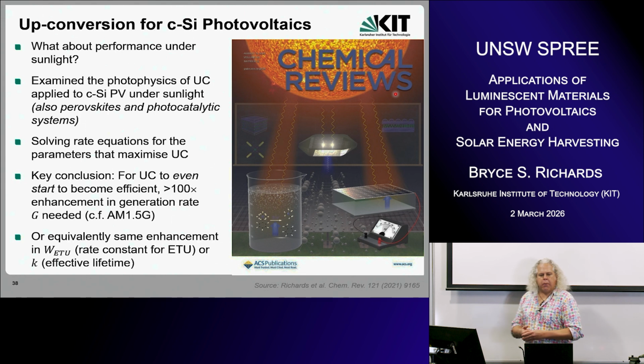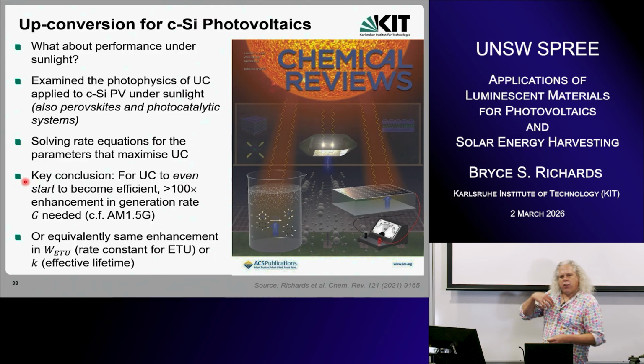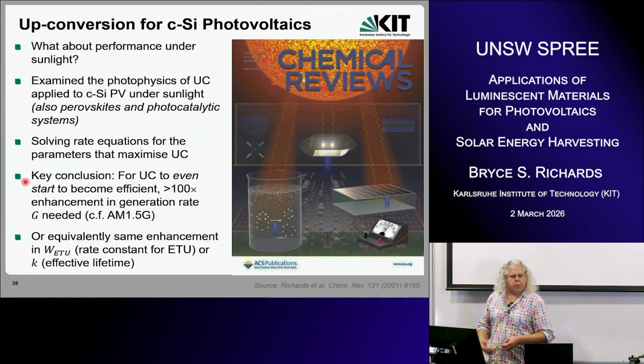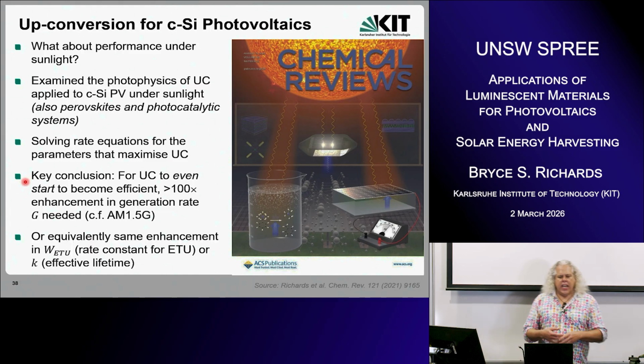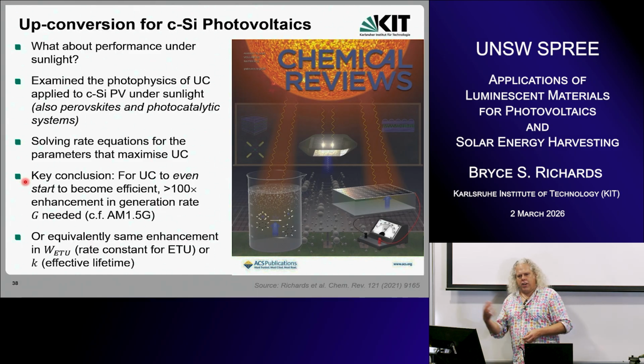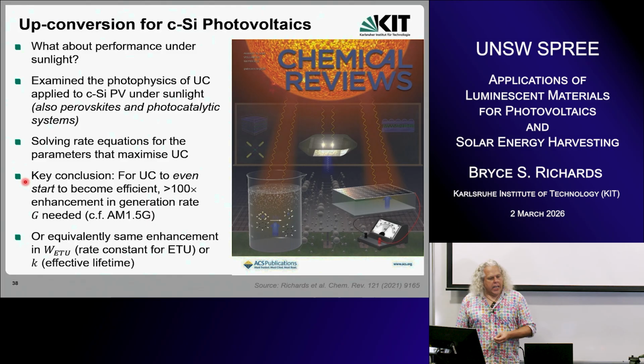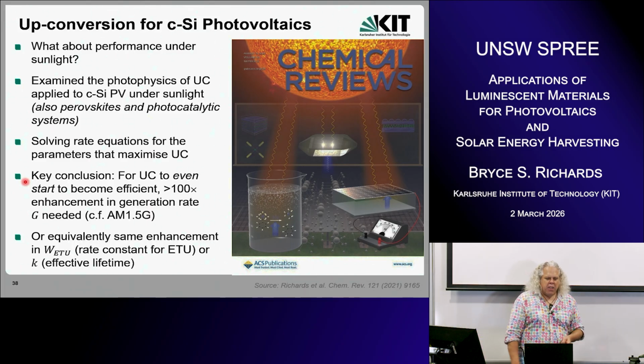And the whole paper was basically about solving rate equations, where we try to maximize upconversion. And it turns out there's a key conclusion. For upconversion to even start to become efficient, we basically need about 100 times enhancement in our generation rate, G, the number of photons coming in the AM 1.5G spectrum. We need at least 100 to start to see something, ideally more like 1,000, and then it might start working quite well.